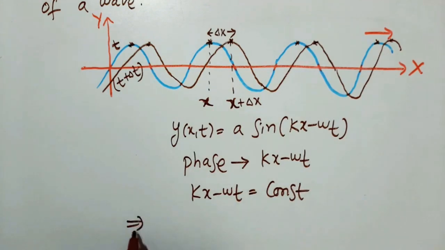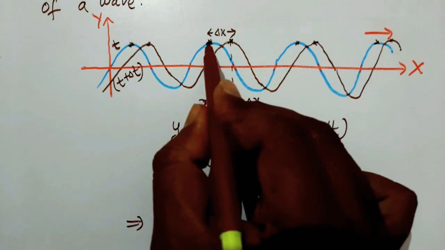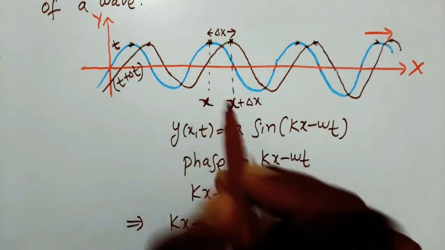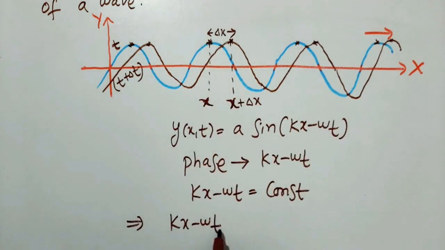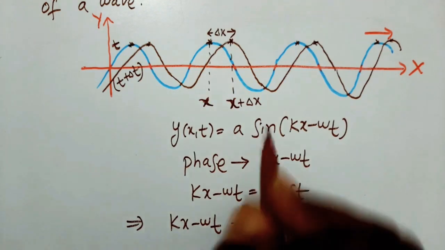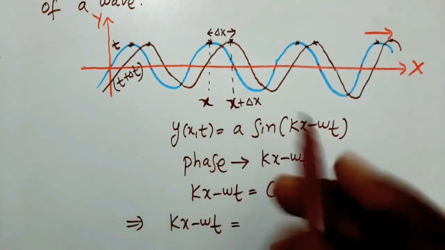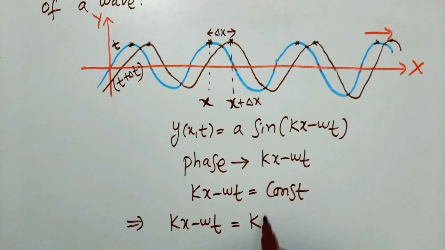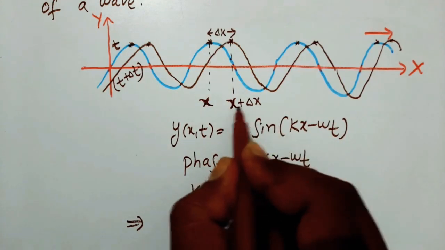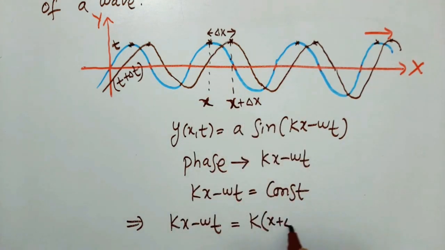So we can write: at x, the phase is kx minus omega t, which is equal to the phase at x plus del x, that is k into x plus del x, minus omega into t plus del t.